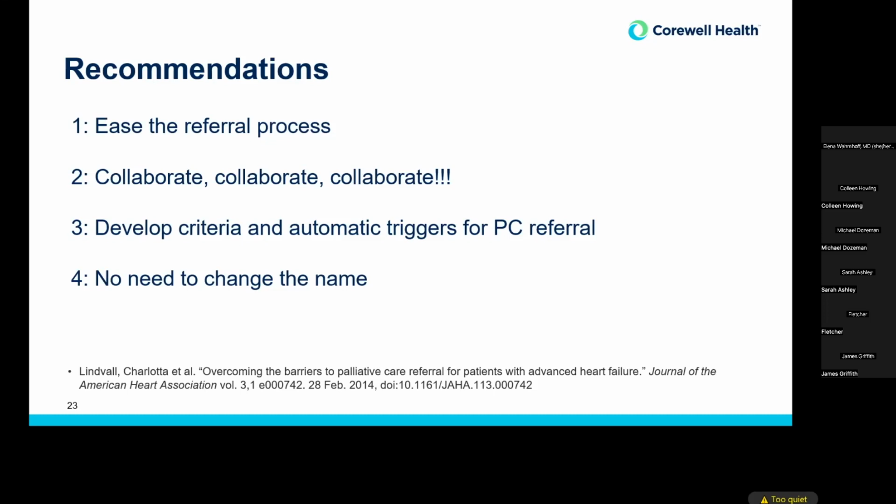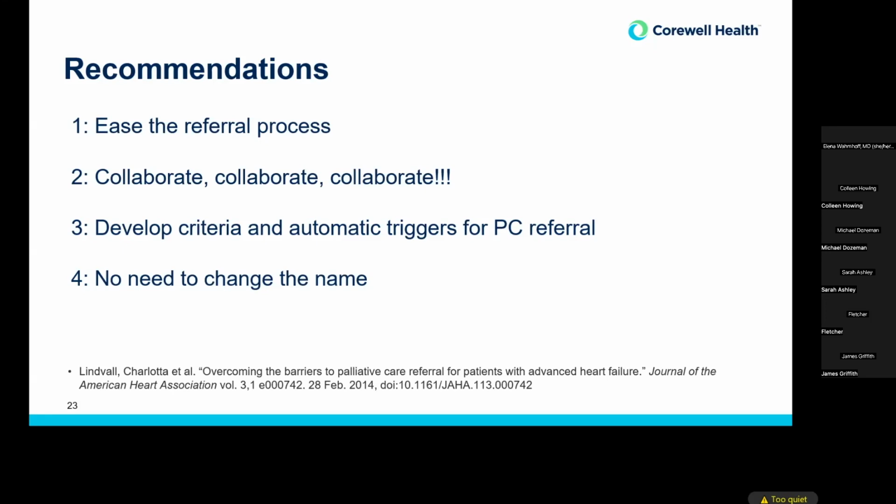There are no universal ones, but some of the ones that I showed you with those primary triggers, those are the ones that we use, and that does make it helpful.